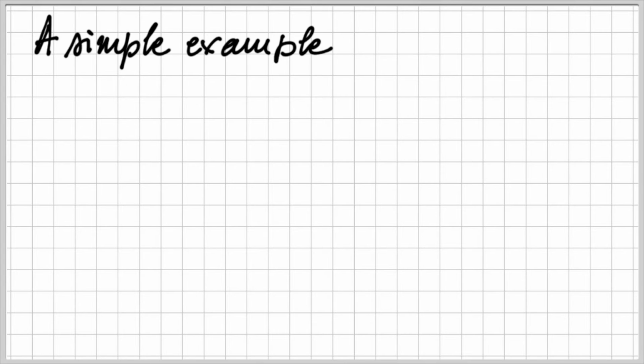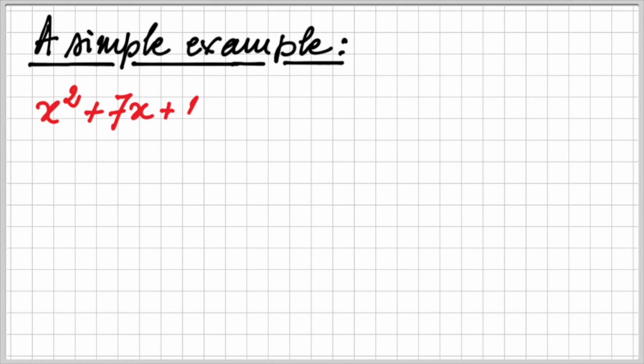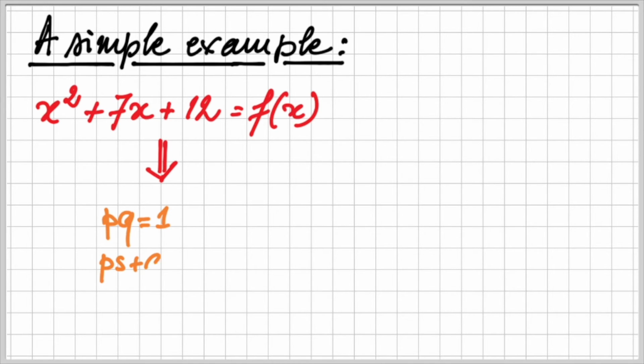Let's have a look at a simple example. We have an expression here, x squared plus 7x plus 12, which is the function f of x. And we want to write this, in this case, when we take the equations that we developed before, we can say that p times q is equal to 1, p times s plus qr is 7, and rs is 12.